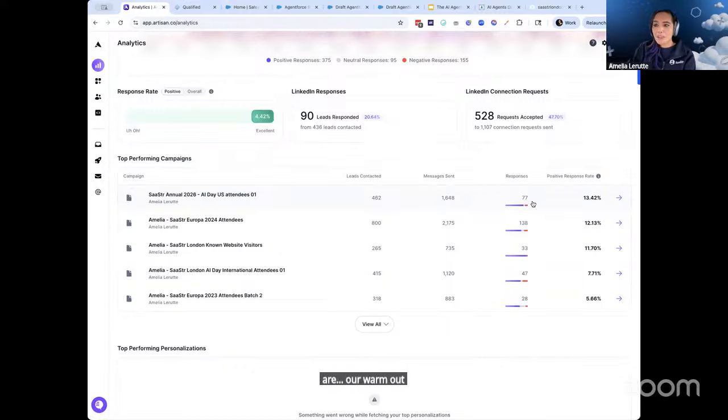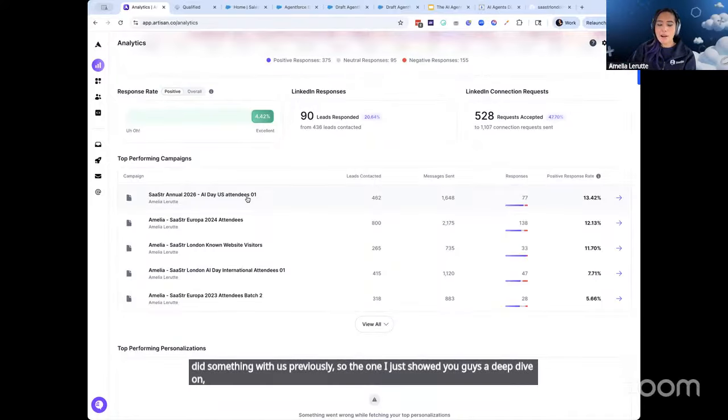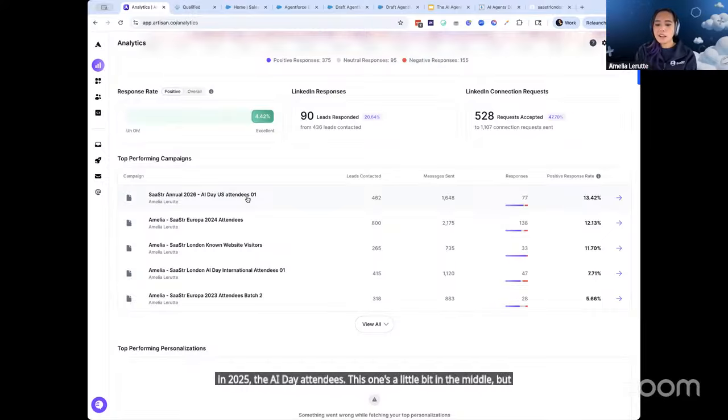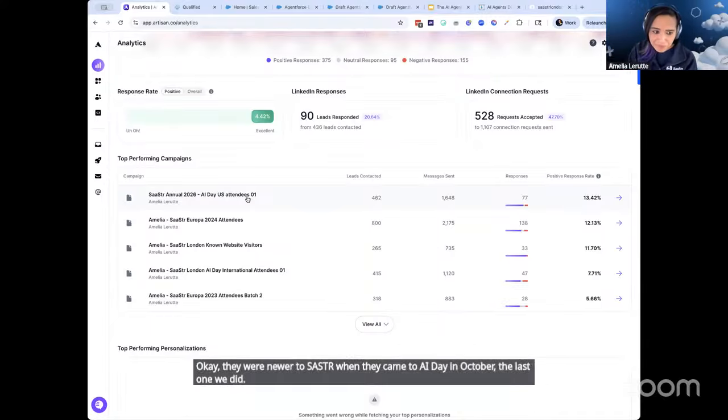So these are people that did something with us previously. So the one I just showed you guys a deep dive on, renewal sponsors. Obviously, those are folks and companies that know us already and did something with us big in 2025. The AI Day attendees. This one's a little bit in the middle, but still warm. They were newer to SaaStr when they came to AI Day in October, the last one we did.